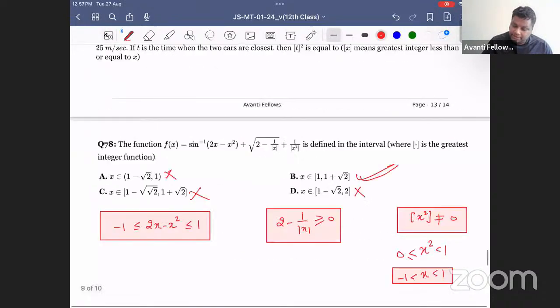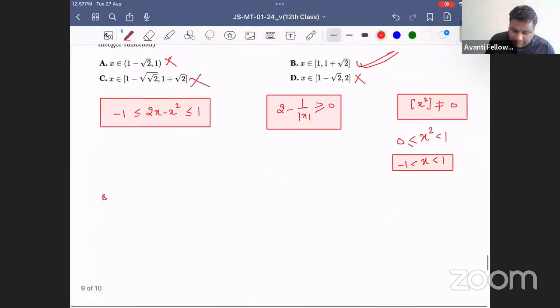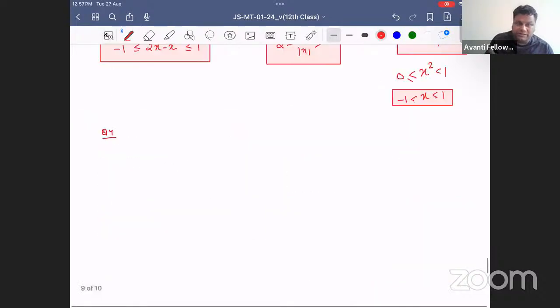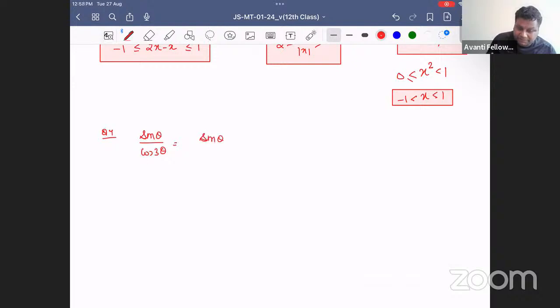Got it? See, question number 84 is sine theta upon cos 3 theta, sine 3 theta upon cos 9 theta, sine 9 theta upon cos 27 theta. See, this sine theta upon cos 3 theta, I can write as sine theta multiplied by another cos theta, it will become cos theta cos 3 theta.